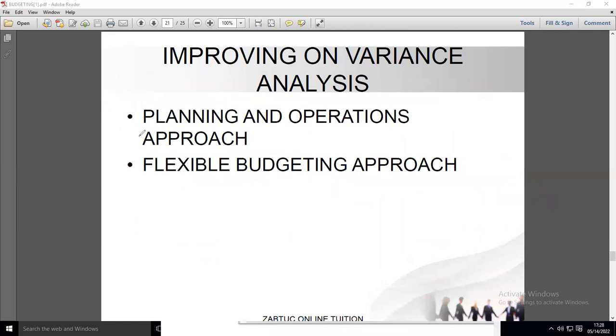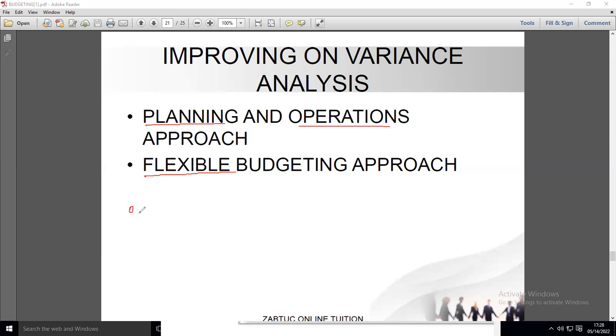Improving variance analysis. We can improve our variance analysis further by introducing the planning and operations approach to variances, and also by flexing our budgets.